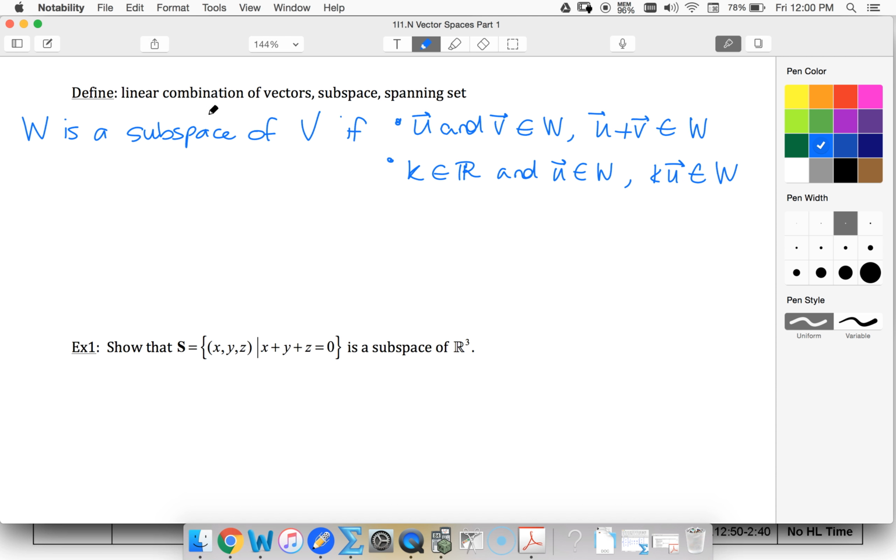All right, now let's look at linear combinations. Linear combinations are exactly what they sound like and what you might imagine.